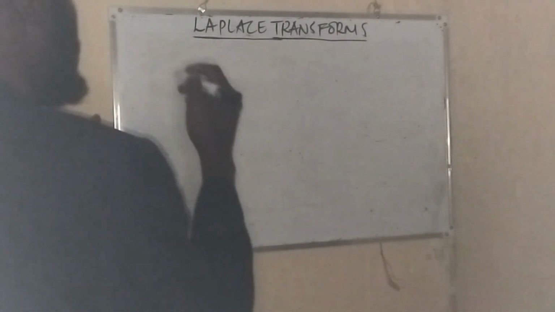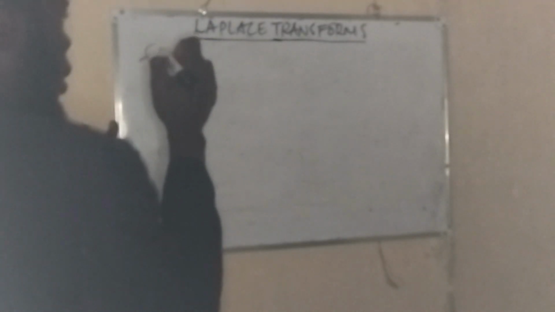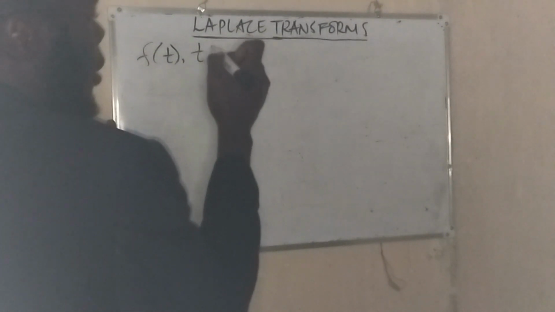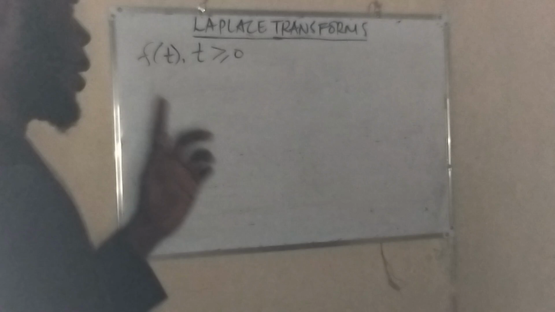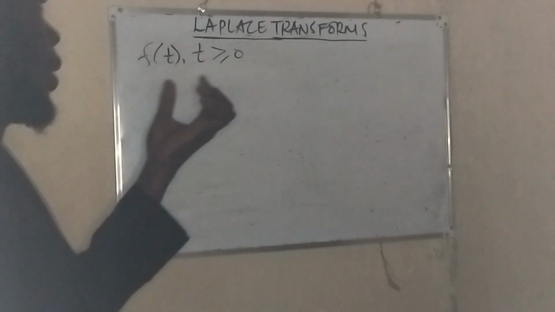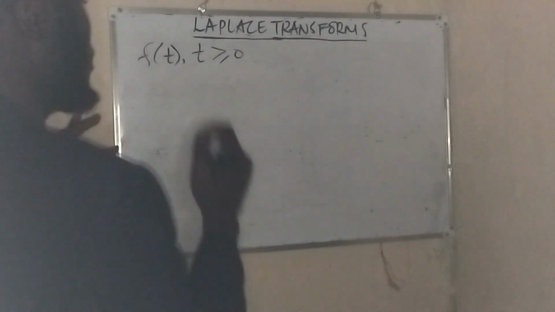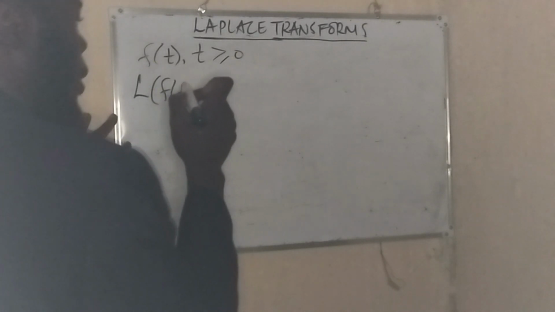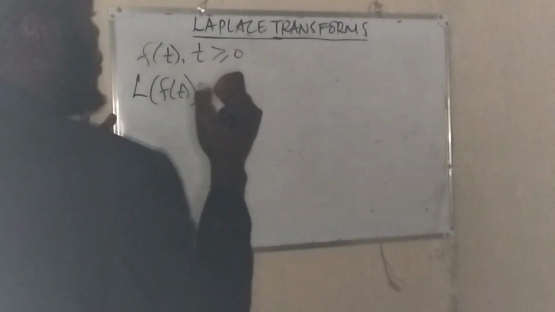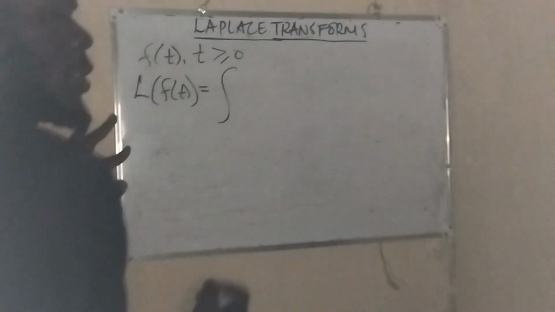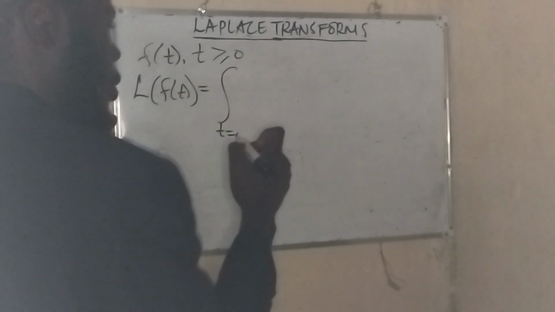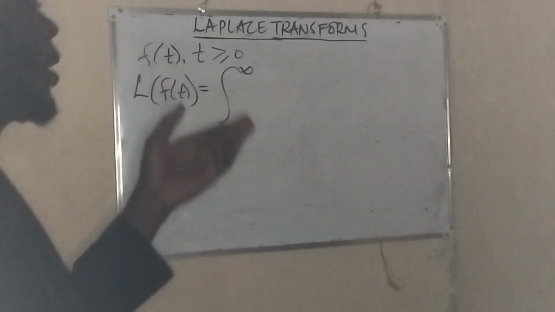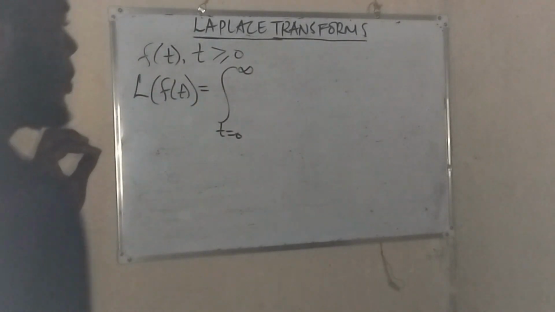So if you have a function f of t where t is defined, t is greater than or equal to 0, and you want to get the Laplace transform of that function, you have the integral, t from 0 to infinity, so you have the semi-infinite boundary.